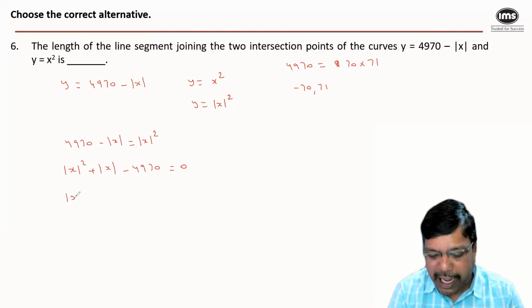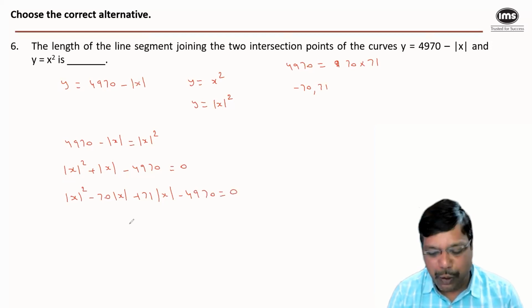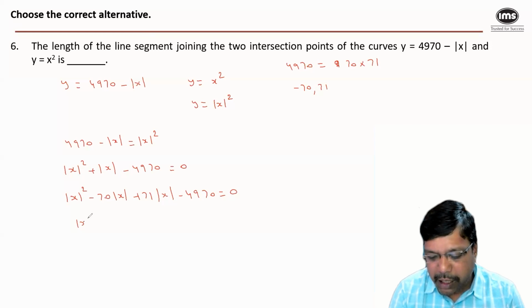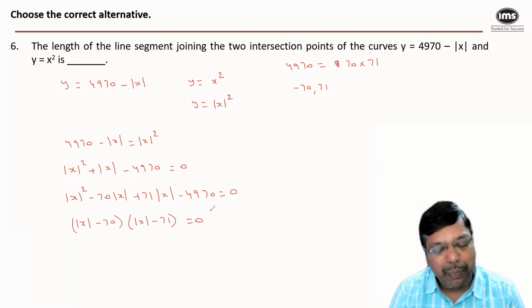So I can write it as mod x whole square minus 70 into mod x plus 71 into mod x minus 4970 equal to 0, which can be written as mod x minus 70 into mod x plus 71 equal to 0.